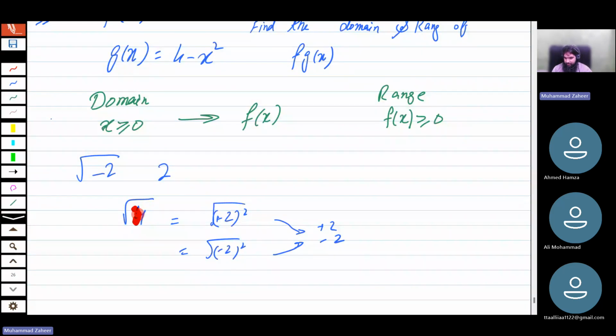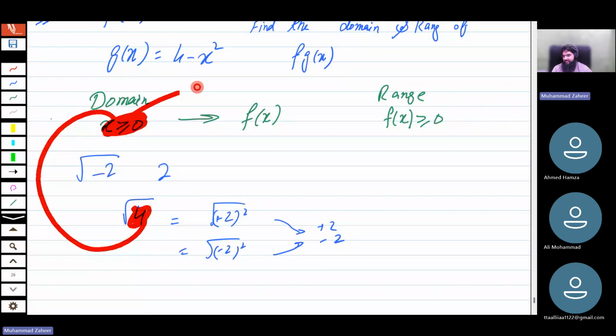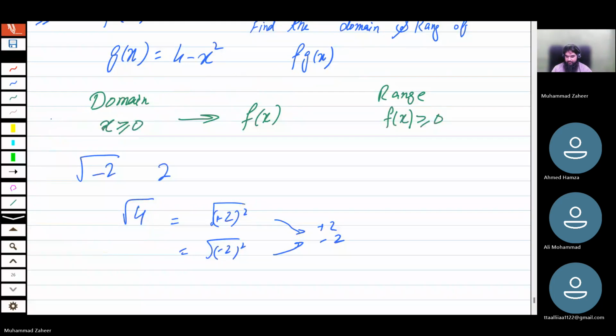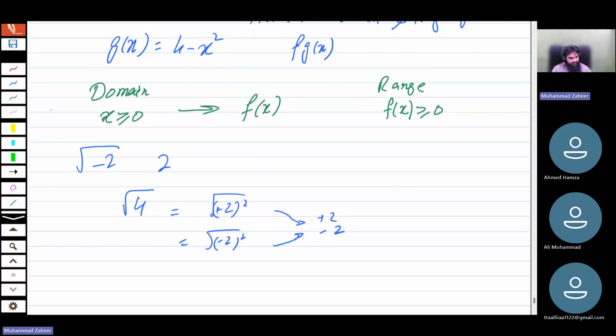And when you are substituting a positive value, the answer must be greater than or equal to 0. It can't be negative. Clear? If you are substituting a positive value, the answer is going to be positive as well in any type of square root function.